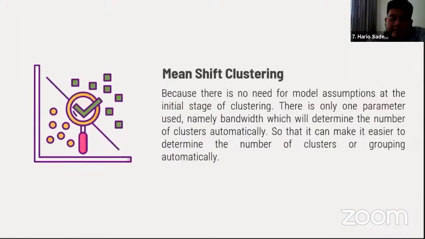The clustering method used is mean-shift clustering because there is no need for model assumptions at the initial stage of clustering. There is only one parameter used, namely bandwidth, which will determine the number of clusters automatically, making it easier to group the data.